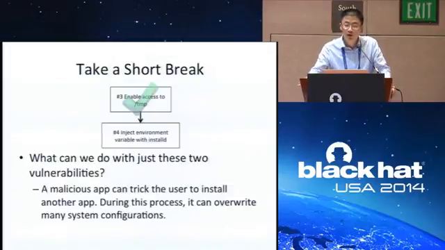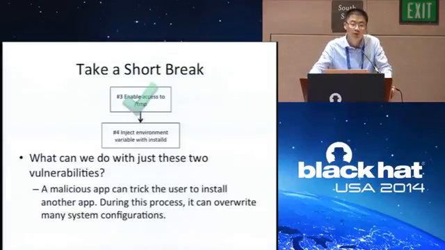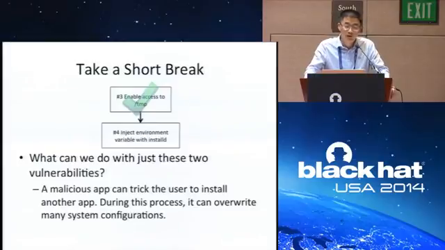Let's stop here for a short while and think about what we can do by only exploiting vulnerability number 3 and number 4. We realize there's a very realistic attack scenario. For example, you download an app from the App Store, which asks you to install another app by abusing the distribution over air feature.